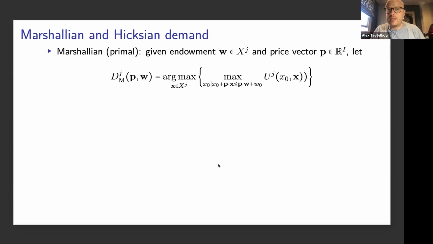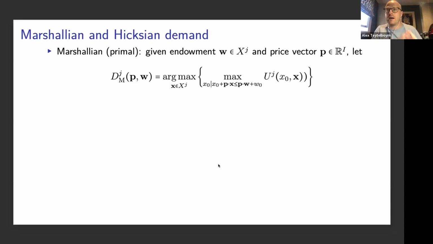So here, this is written in a slightly clunky form because we have two parts here, which is the divisible goods and the indivisible goods and money. But what this says is what we call the Marshallian demand, and I'll come back to why that's the case. The Marshallian demand is your primal objective, which is to maximize your utility.